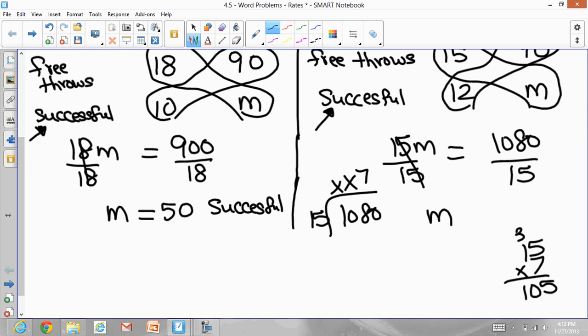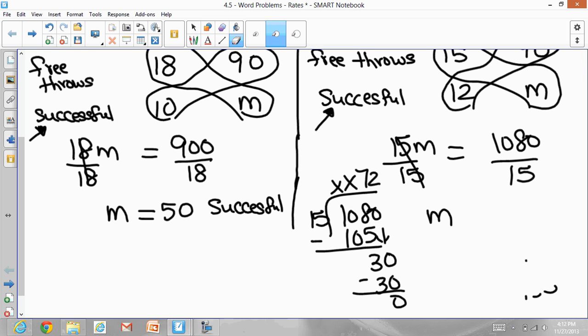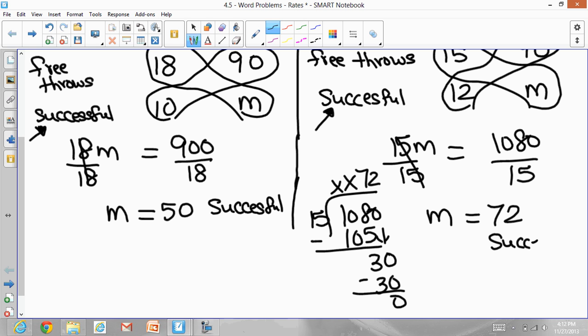So this is going to give me 7, 105. 8 minus 5 is 3, 0 down. 15 goes into a 30 2 times, which is an exact fit. So if I remove all the calculations, I'm going to get M equals 72. Now look at the arrow, it represents successful.